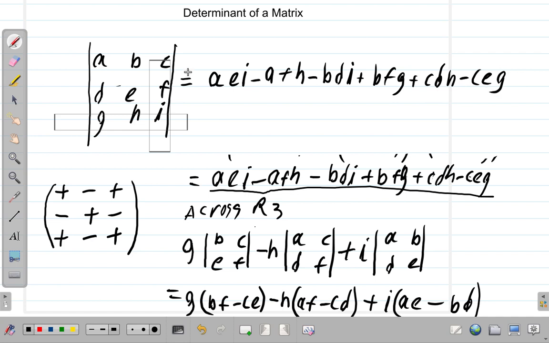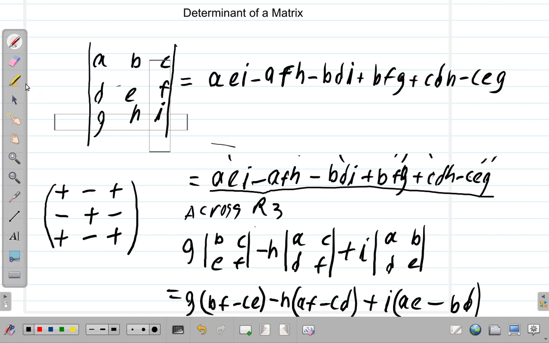All right, so this was the determinant that we got for all rows that we went across: AEI minus AFH minus BDI plus BFG plus CDH minus CEG.